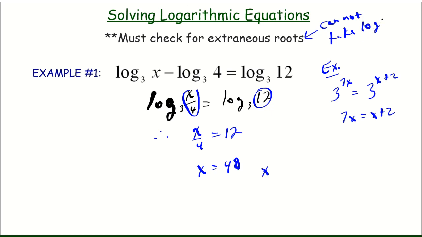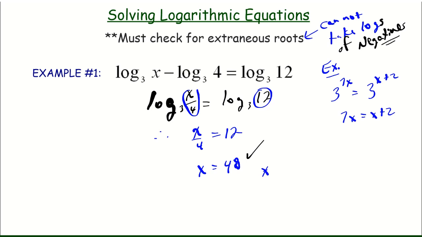So, can't take logs of negative values. That's kind of the essence of it. I look here, and 48 is going in for x. Log of 48 would not be an issue. All good. So that's a nice easy one to start out with.